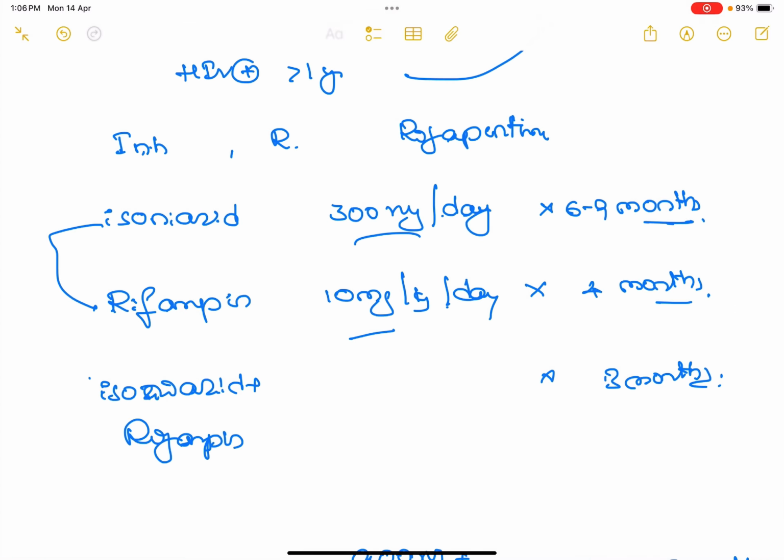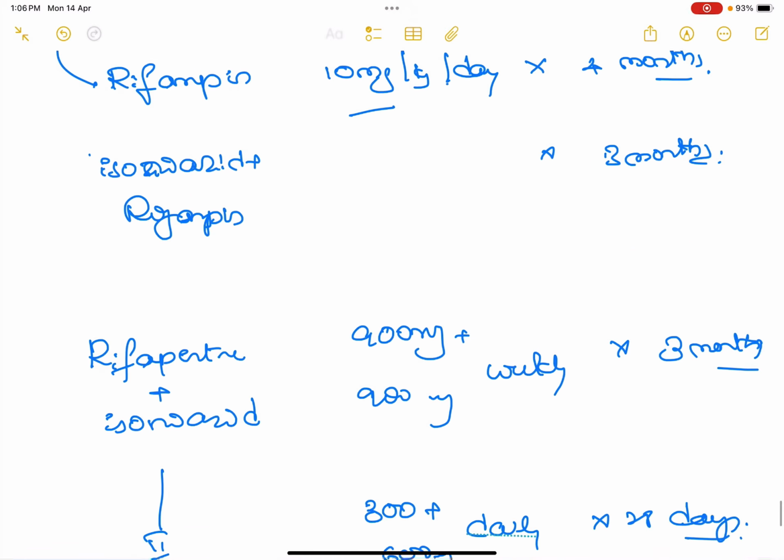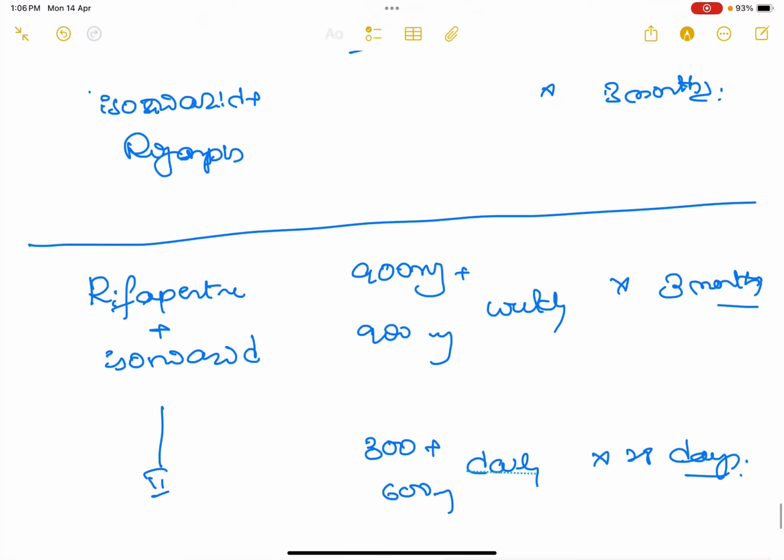Okay, isoniazid 300 mg daily for 6 to 9 months, rifampin 10 mg per kg per day for 4 months. If you are using both combination of isoniazid plus rifampin, the doses remain same, but duration is only for 3 months. And if the patient wants to take for only less period of time and less doses, you can use rifapentine and isoniazid in both 900 mg dose, but weekly.